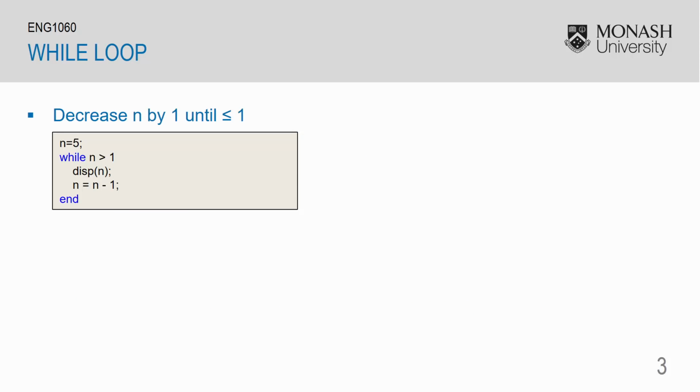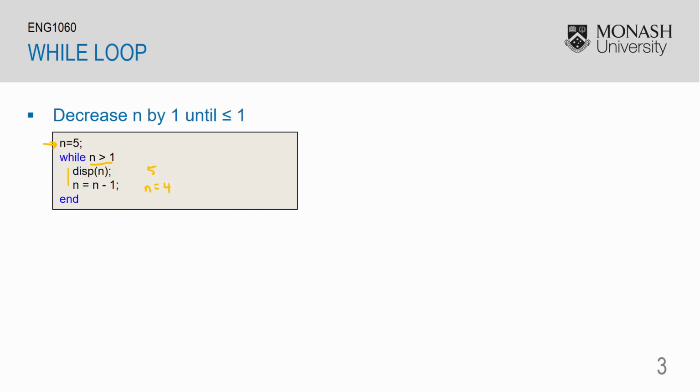Here we have an example where we are decreasing n by 1 until n is less than or equal to 1. We're starting off with n equals 5. Our condition is that while n is greater than 1, we want to run the commands within the block. So first off, we want to display n, which starts off as 5, and then subtract 1 from n, so n will then equal 4.